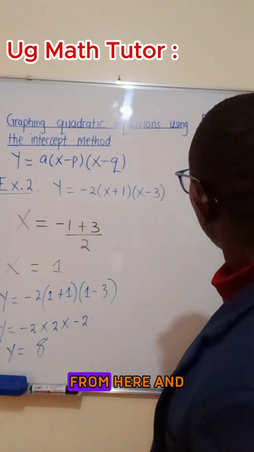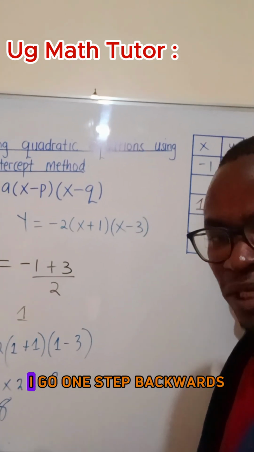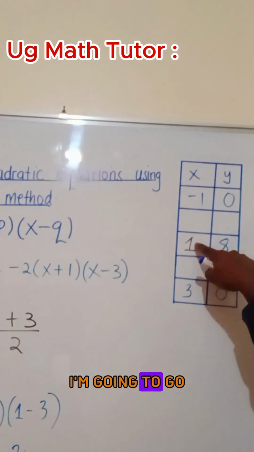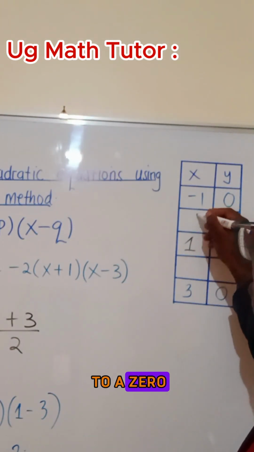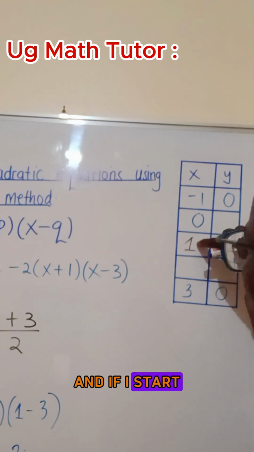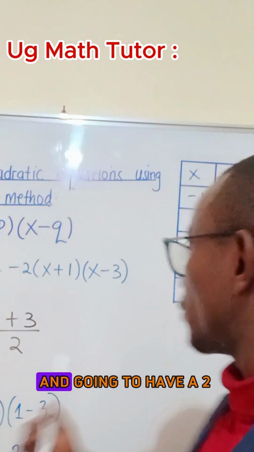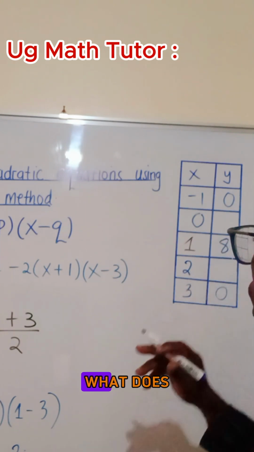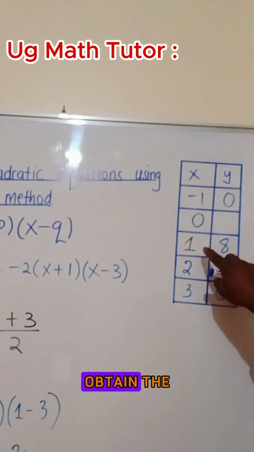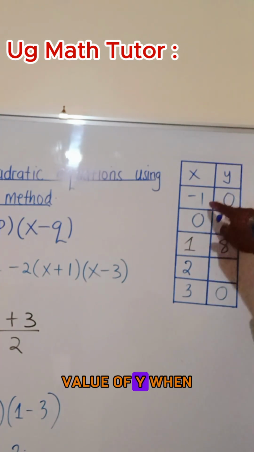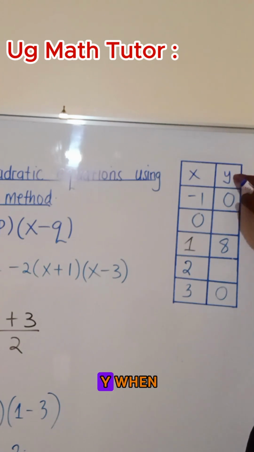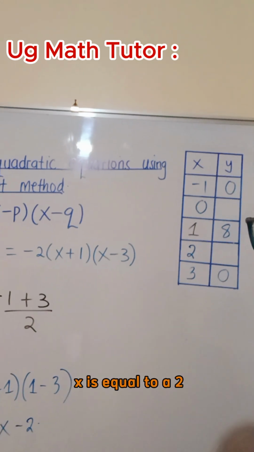Now, if I move from here and I go one step backwards, I'm going to go to a 0, okay? And if I start from 1 and I move one step in front, I'm going to have a 2. What does that mean? We also need to obtain the value of y when x is 0 and the value of y when x is equal to a 2.